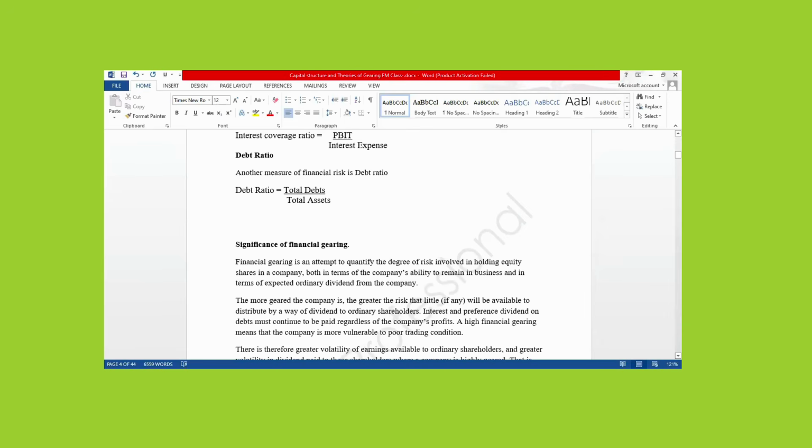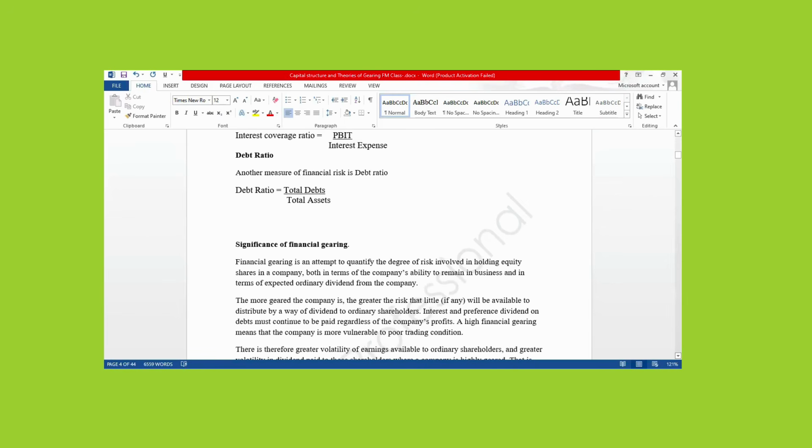Financial gearing is an attempt to quantify the degree of risk involved in holding equity shares in a company.